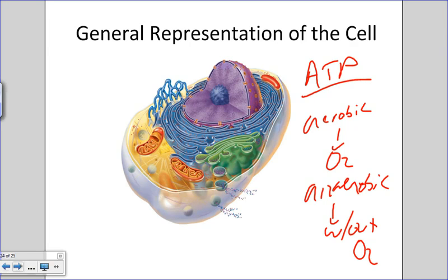So, remember before when I was talking about proteins in chapter 2, the average protein is about 25,000 to 50,000 amino acids in composition. That's a lot of molecules. Proteins are big, bulky molecules.